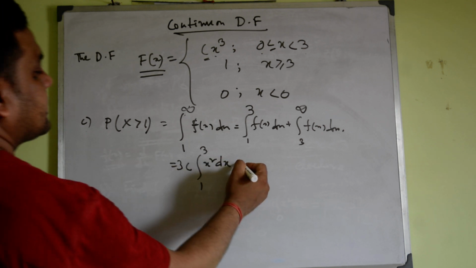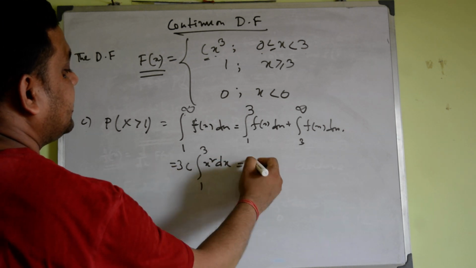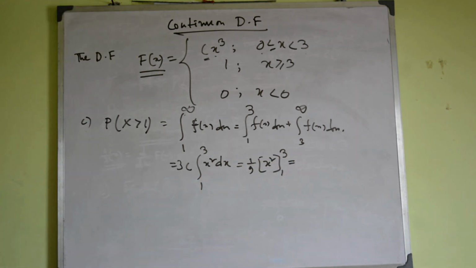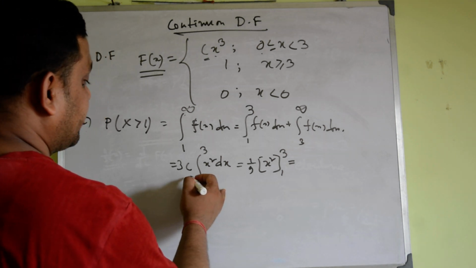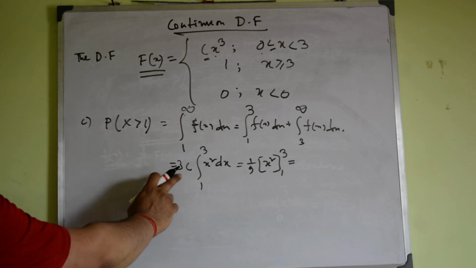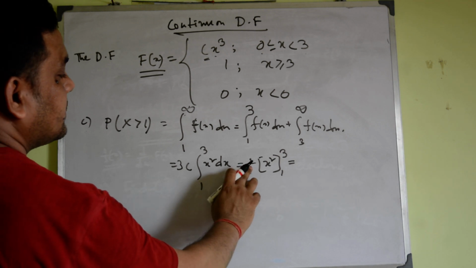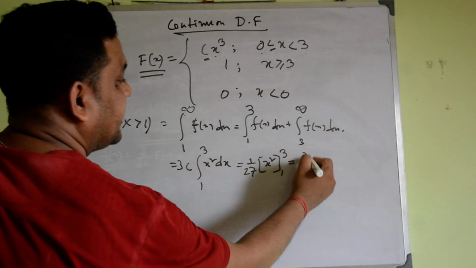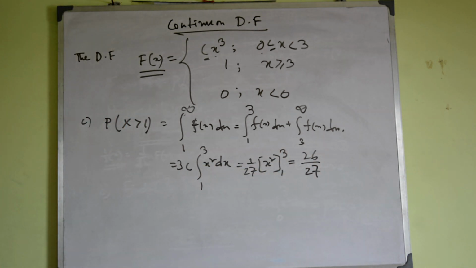Since c is equal to 1 by 27, 3c gives 1 by 9, and x cube by 3 gives another 1 by 3, so together it makes 1 by 27 of x cube, limits from 1 to 3. Now if you calculate it, you will get 26 by 27. So that is your answer.